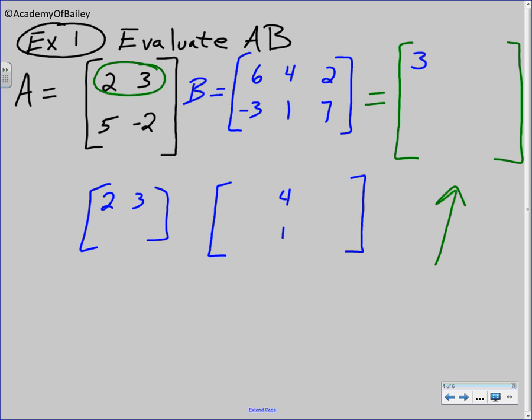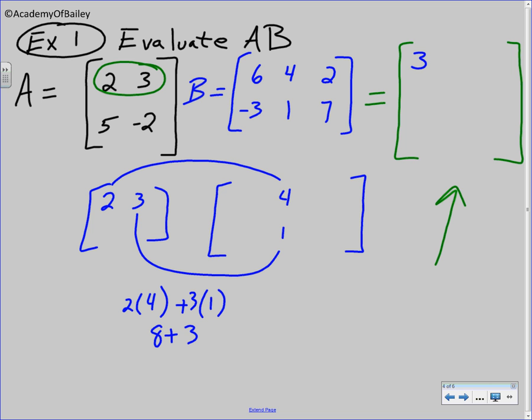So 2 gets multiplied by 4, and 3 gets multiplied by 1. 2 times 4 plus 3 times 1. 8 plus 3, 11. So we're looking at top row, middle column. Top row, middle column is right there.